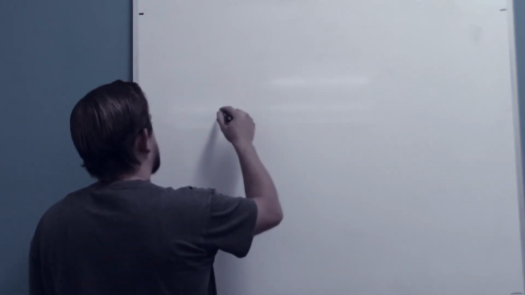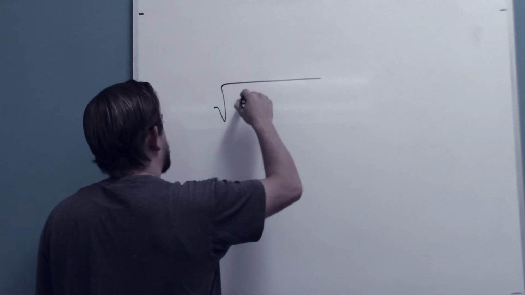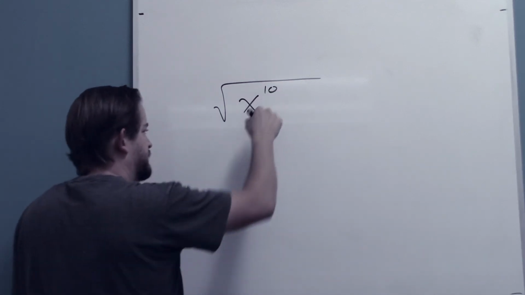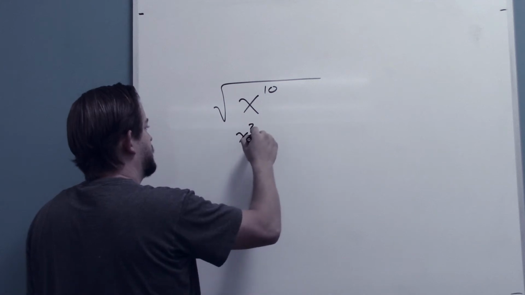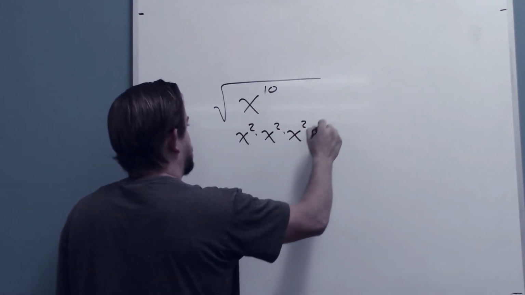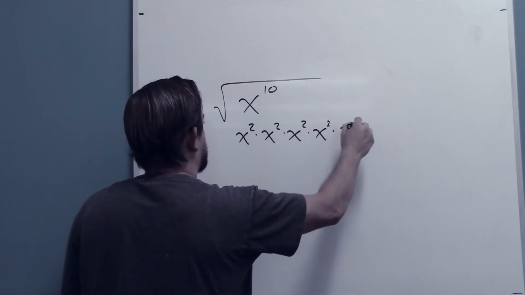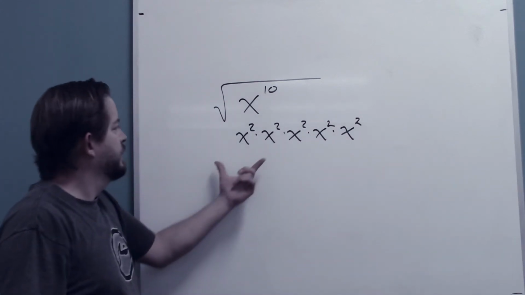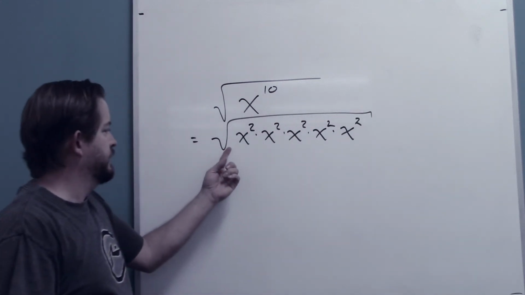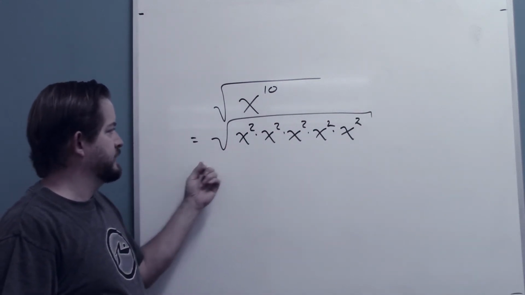All right. If I have variables under there, let's say I have the square root of x to the 10th, right? I can think of x to the 10th as x squared times x squared times x squared, 3, 4, 5 of them, right? And therefore I can think of this as simply the square root of x squared as an x.